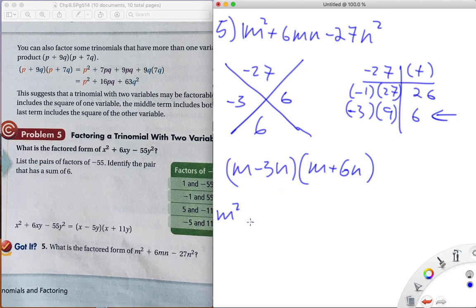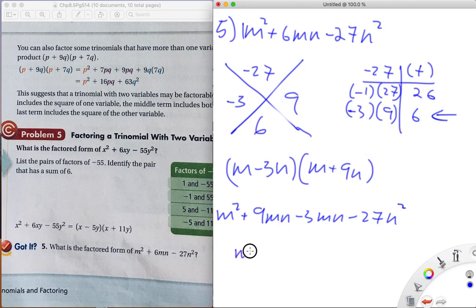M times 9n is 9mn, and then negative 3 times m is going to give me negative 3mn, and then negative 3 times 9n is negative 27n squared. Combine like terms, I get m squared plus 6mn minus 27n squared, and voila.